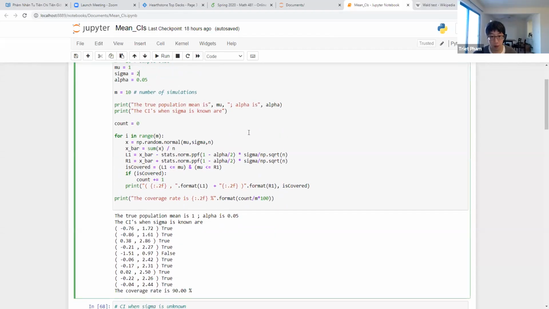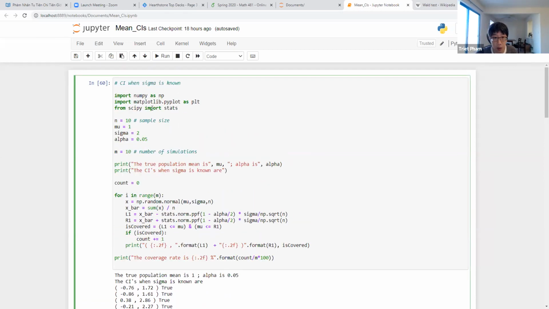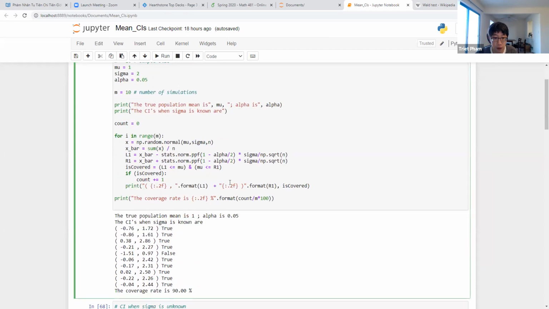So let me show you, to bring home the point. We will work through this program. Here I simulate a normal with mean 1 and variance 4, standard deviation 2. And so I form the confidence interval in the case when sigma is known.